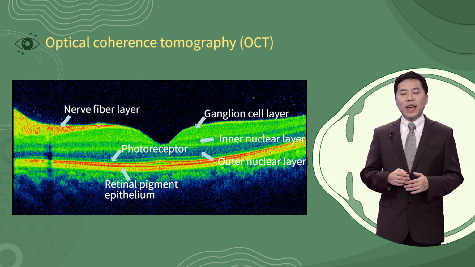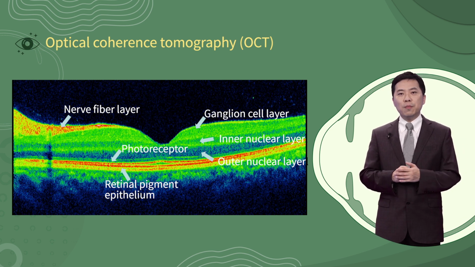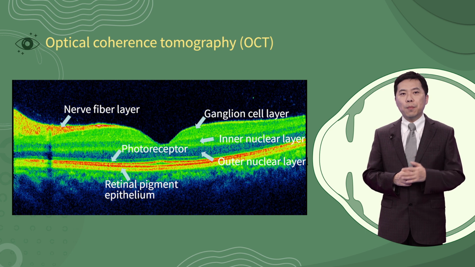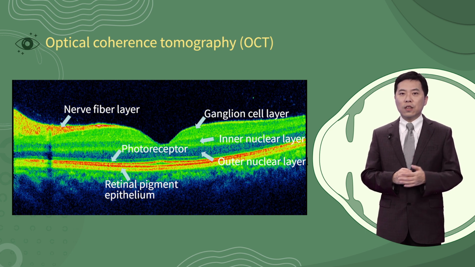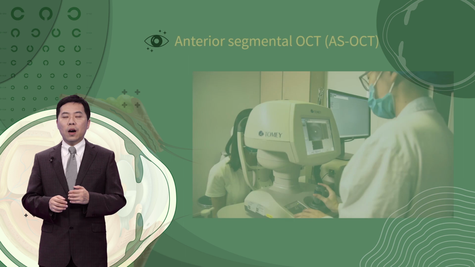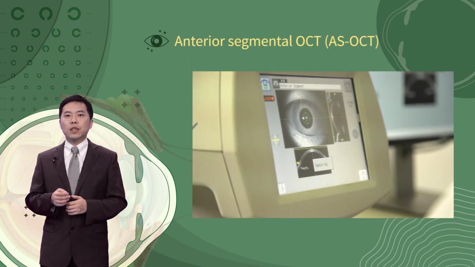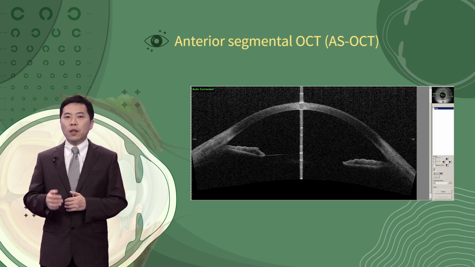Furthermore, the quantitative analysis of OCT images can provide some important parameters for diagnosis and follow-up of many disorders, such as retinal nerve fiber layer thickness for glaucoma. OCT can not only be used in retinal imaging, but also for documenting the anterior segments.